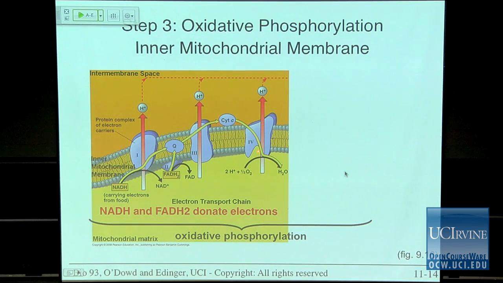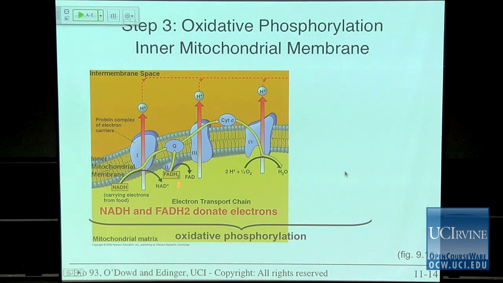When the electron gets here, its final electron acceptor is what? Oxygen. So oxygen, remember we start out with hydrogen and oxygen and we end up with water. Now our electron is passed on to oxygen and then it will combine with free hydrogen ions to form water. Okay? So we formed water, we have our final electron acceptor.